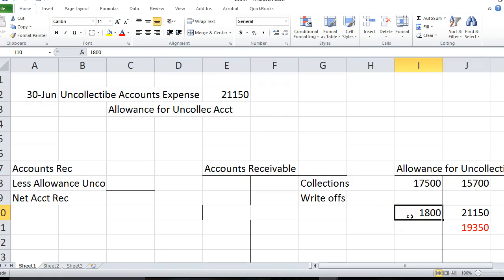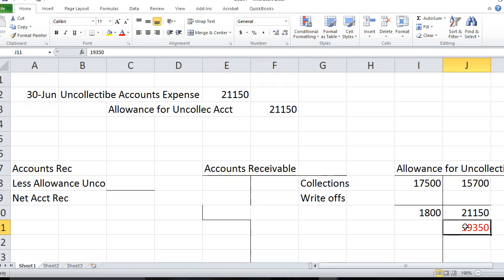If this is our balance, $1,800 debit, but we ultimately want to get to a $19,350 credit balance, we're going to need to credit this allowance for uncollectibles $21,150 in order to end up with a credit balance of $19,350. Okay? Remember, under the aging of receivables, it tells us what the ending balance is going to be.